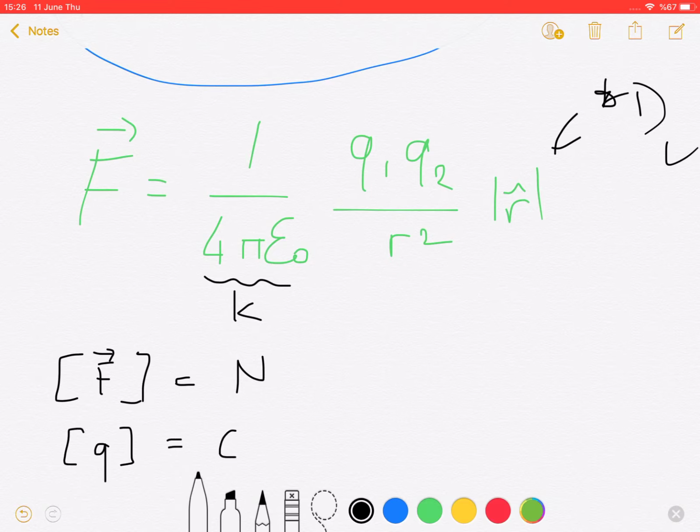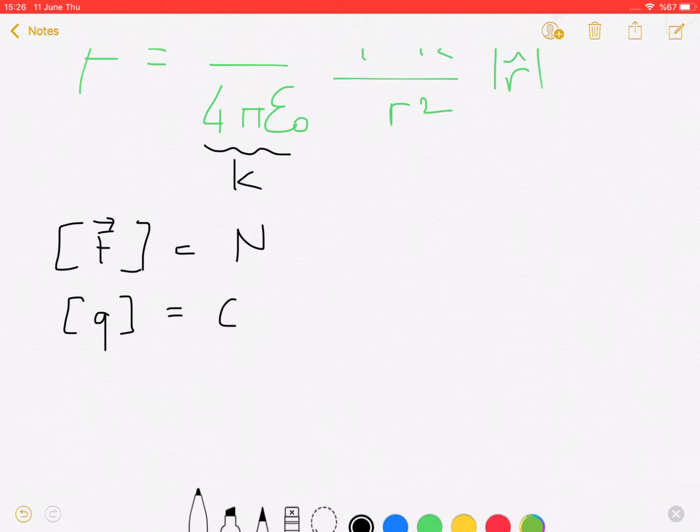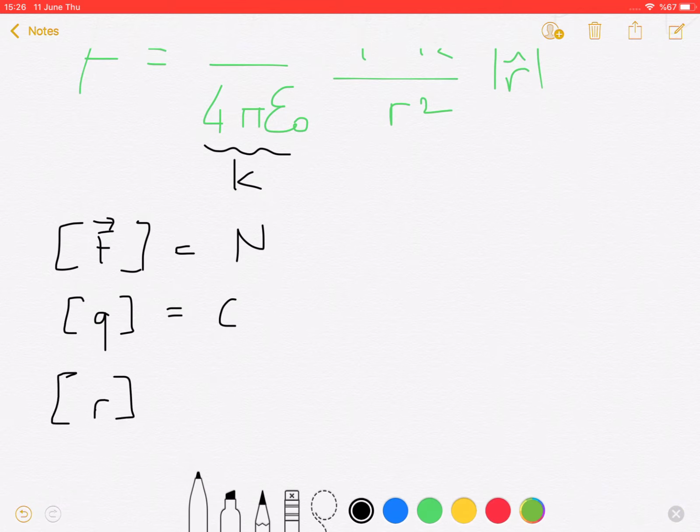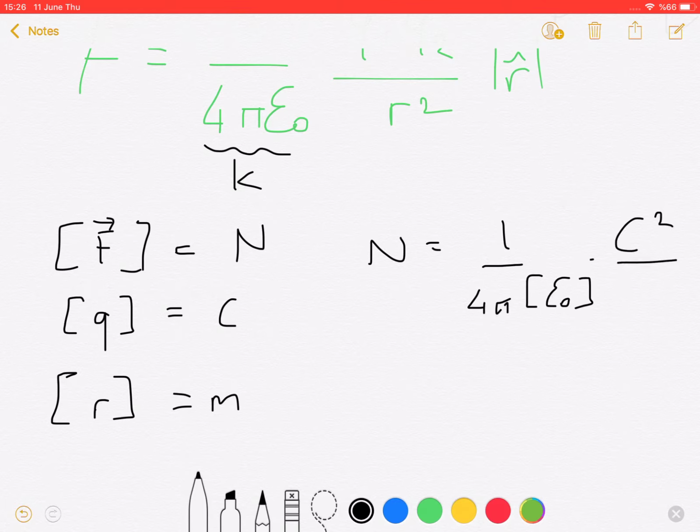It is Coulomb. What is the unit of distance? Meter. So I have Newton equals 1 over 4 pi, I don't know the unit of epsilon 0, times Coulomb squared divided by meter squared.